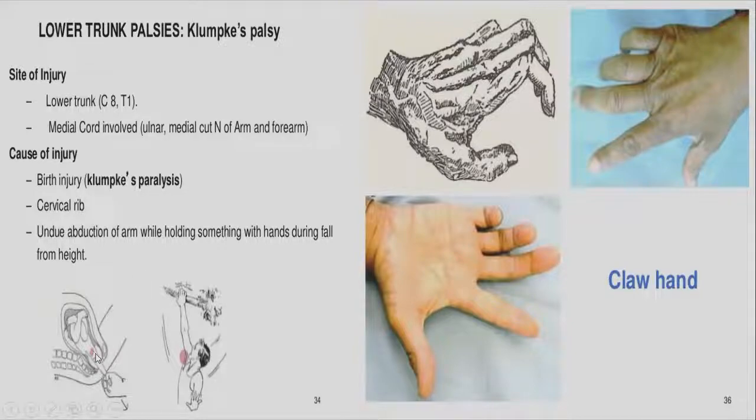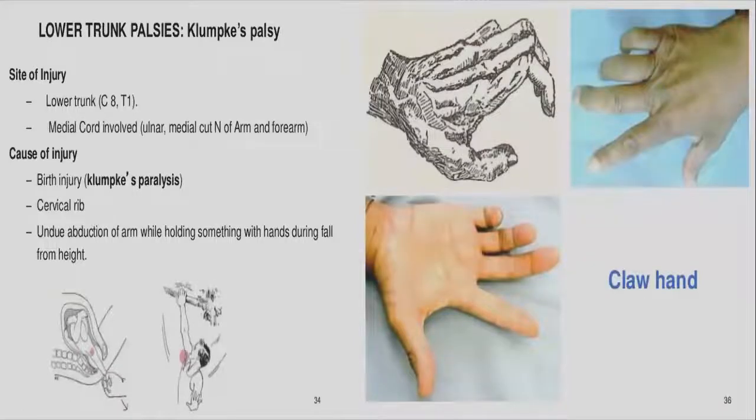Imagine you're pulling the child or you're holding on to something like that. You can also damage the lower trunk. So now how does it present? It presents with claw hands. These are claw hands.